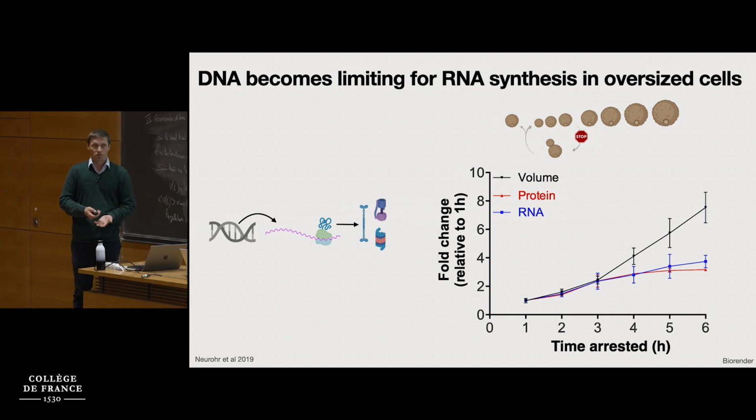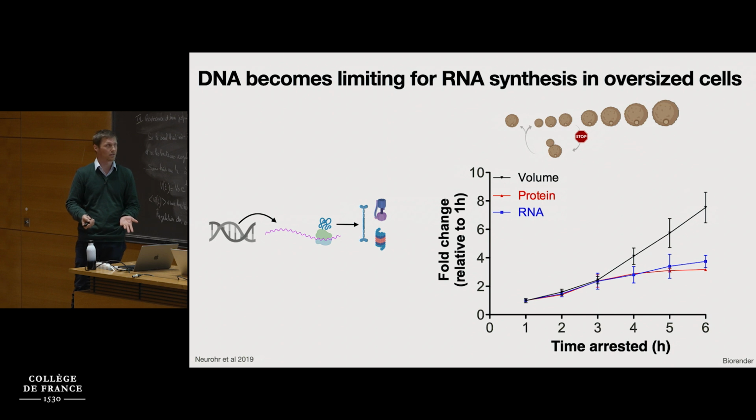What was surprising, however, was that the cell volume continued to increase. And so what this experiment showed was that cell volume increase and macromolecule production are not actually the same thing, which was completely contrary to my understanding of cell growth.